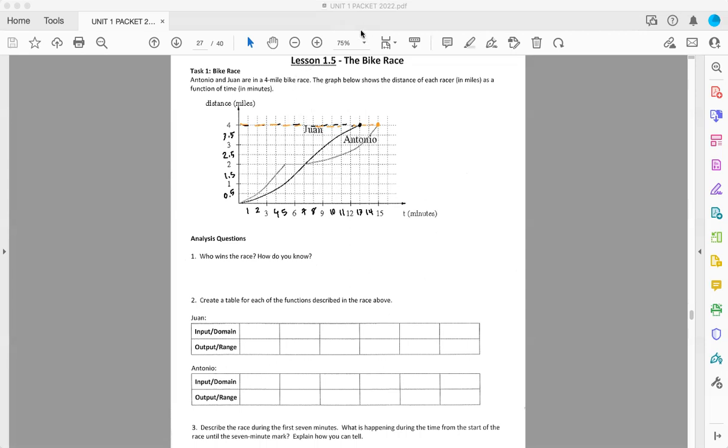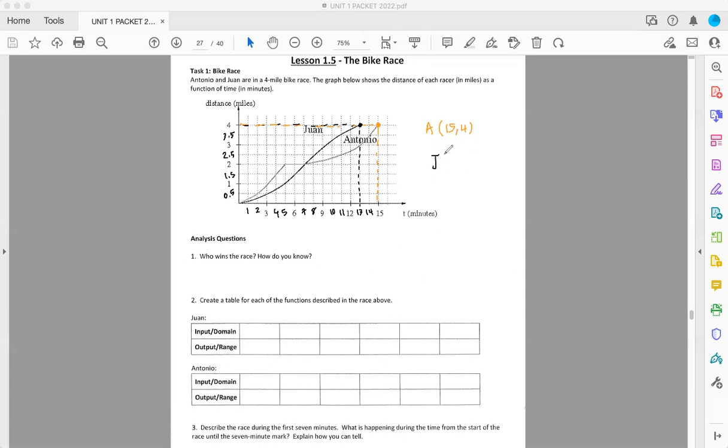The difference between them is that Antonio finished it for an x value or a t value of 15. So for instance, here, Antonio has an ordered pair at this point, which is 15, 4. Whereas Juan finished here, and the time for that is 13.